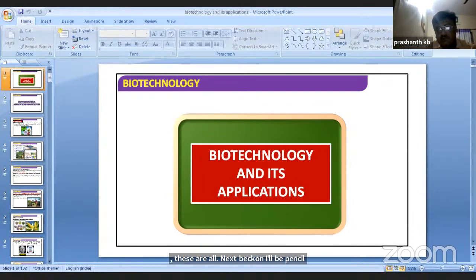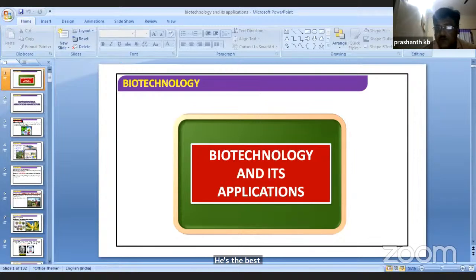In the textbook, on page number 208, point number 5, they have given improving the nutritive value of the crop. So increasing the quality. For example, golden rice is the best example. Improved variety, golden rice, where vitamin A is high.